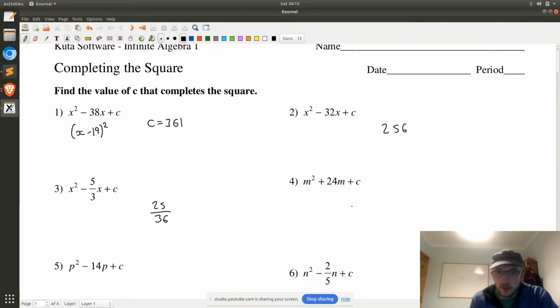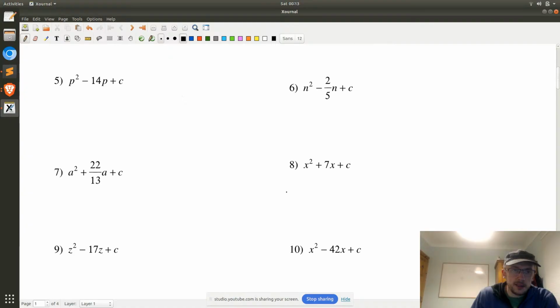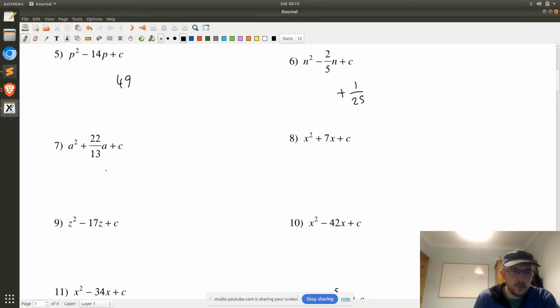Okay, I'm at 12 all squared, so it's 144. But I'll check the first 4 to make sure I'm on track. And it's all correct. Good. So 49. Okay. 22 over 26, so 11 over 13.